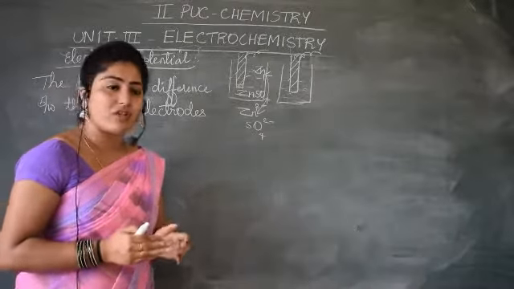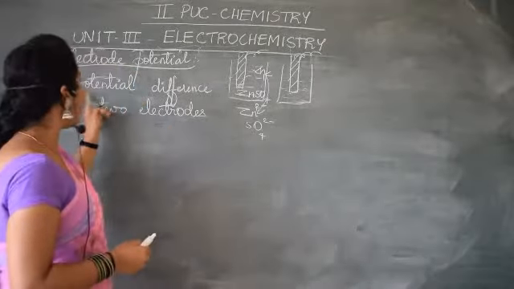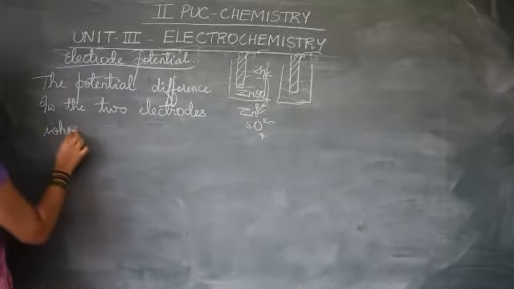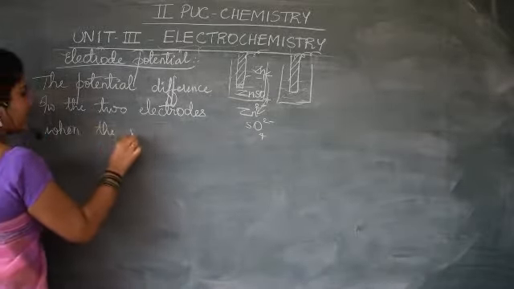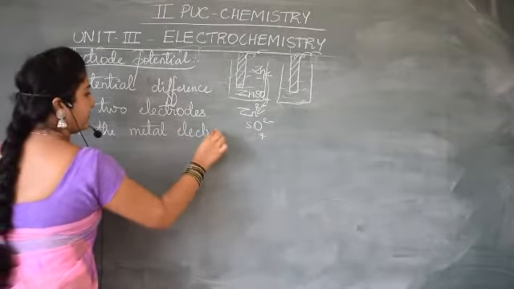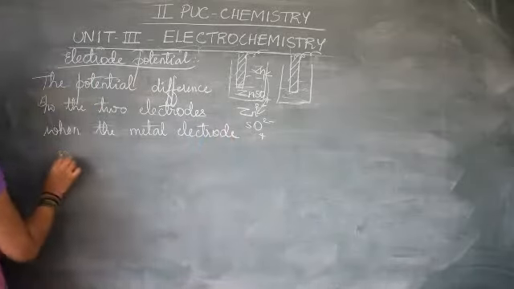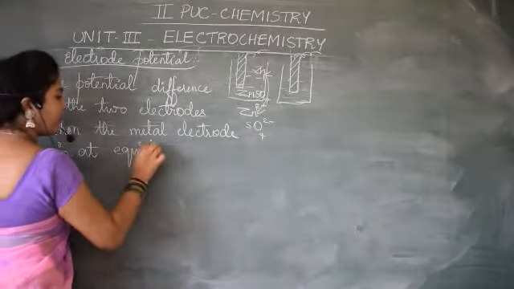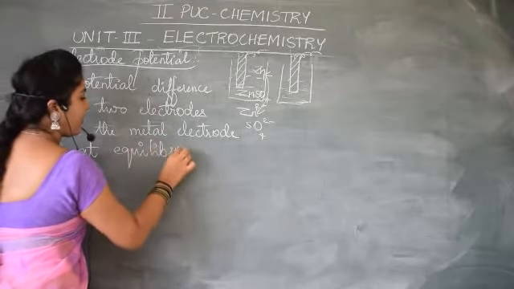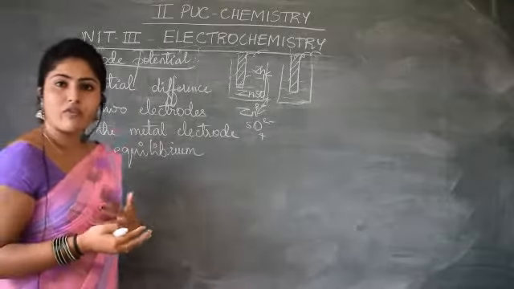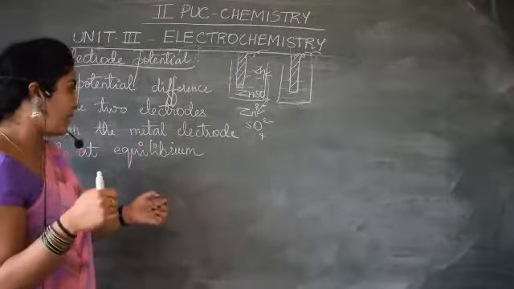So you will have to mention that it is the potential difference between the two electrodes when the metal electrode is at equilibrium. You know what is equilibrium? Equilibrium is a state where the rate of forward reaction is equal to the rate of backward reaction.